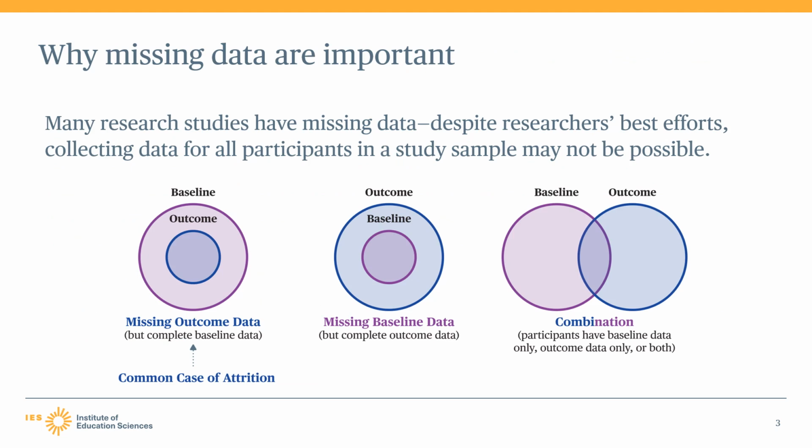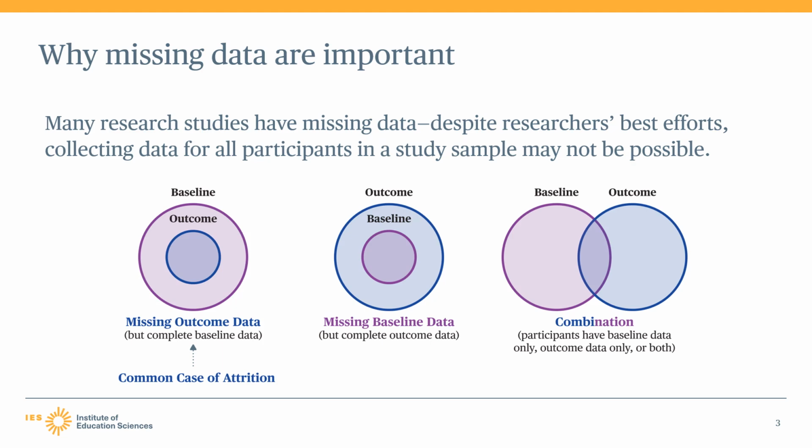Despite their best efforts, sometimes researchers are unable to collect data for all participants in a study sample. Research studies may have missing outcome data, missing baseline data, or both. For instance, research studies might have collected complete baseline data from all participants in the sample, but are missing outcome data from some participants due to sample attrition.